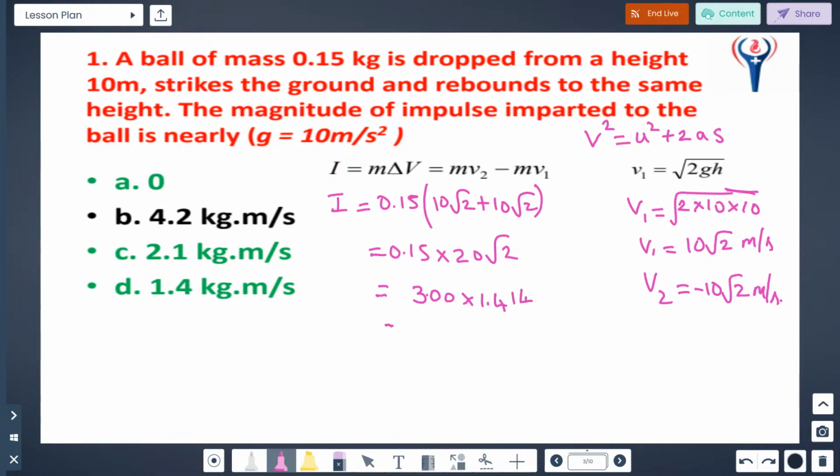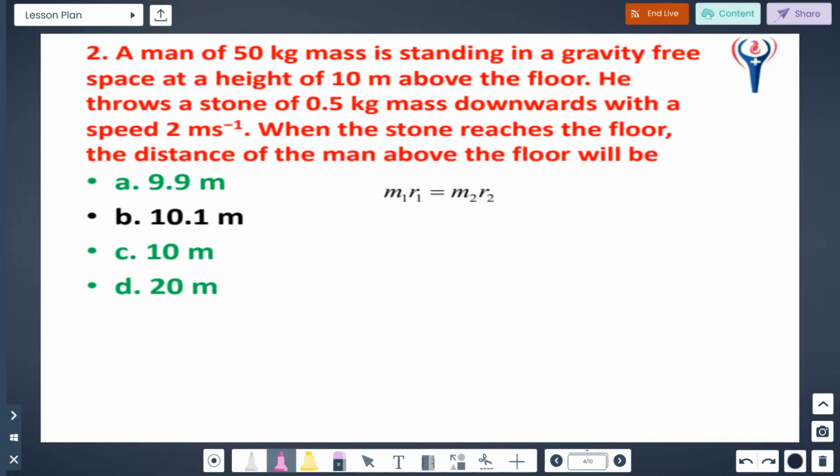If you simplify this, you will get 4.2 unit kilogram meter per second. This is the value of impulse I. Option B. Option B is the correct answer. Let's move to question number 2.